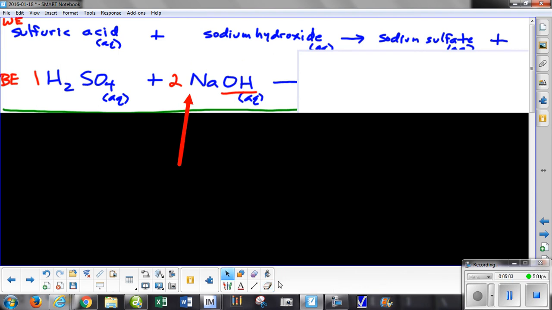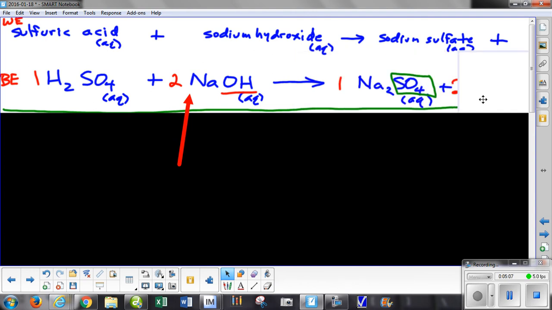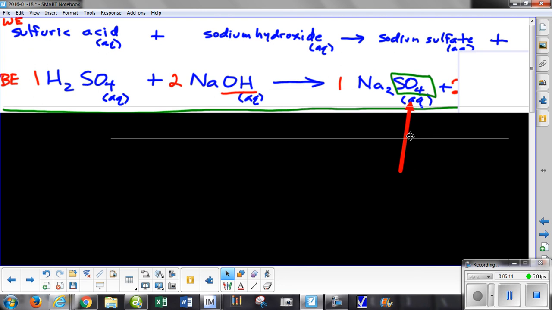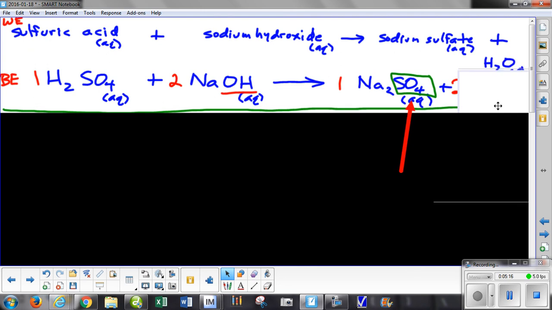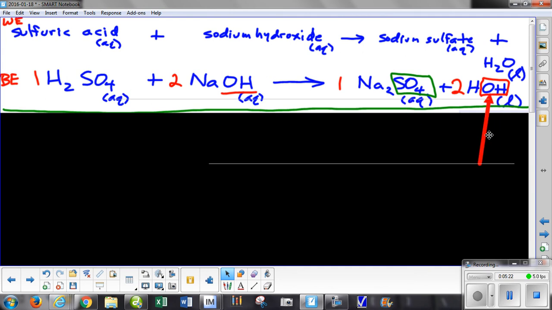And now we go over to the next part, and we'll see that we have sodium now with sulfate. Over here it was sodium with hydroxide. And this is aqueous again. And the last one is the water. So the water is the liquid, and you see OH.